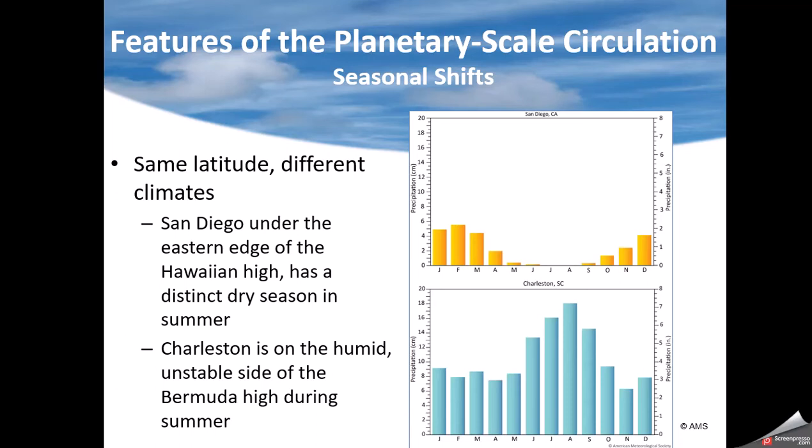So you wind up with a very dry season, particularly in the summertime. However, Charleston, South Carolina, on the other hand, pulling up a lot of warm, humid tropical air and pulling in a warm Gulf Stream, because the atmospheric circulations tend to influence the ocean circulations. So you wind up with a lot of moisture down there.